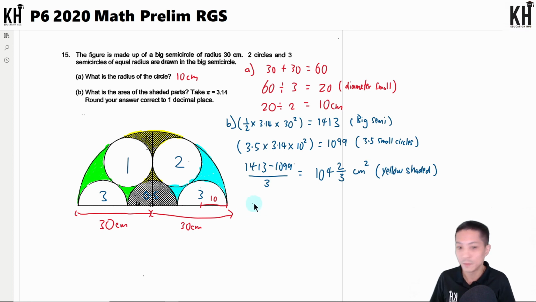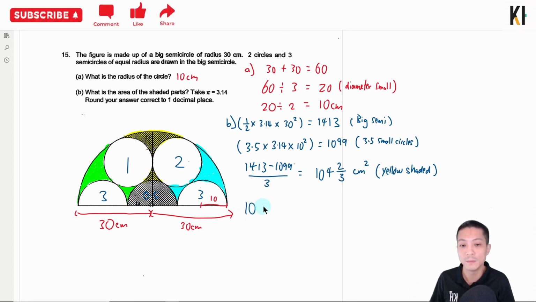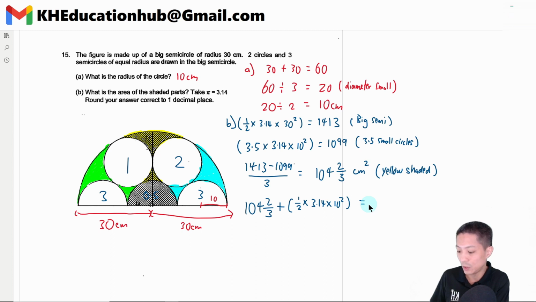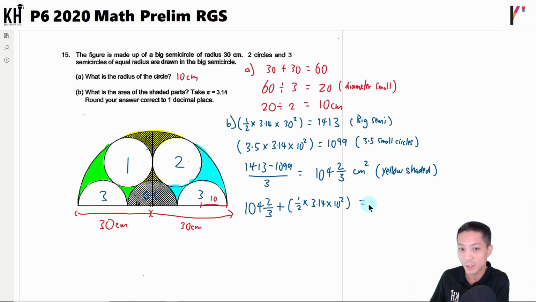So I'm going to use the yellow shaded 104 2/3, plus the semicircle, half times 3.14 times 10 squared, plus 104 and 2/3.